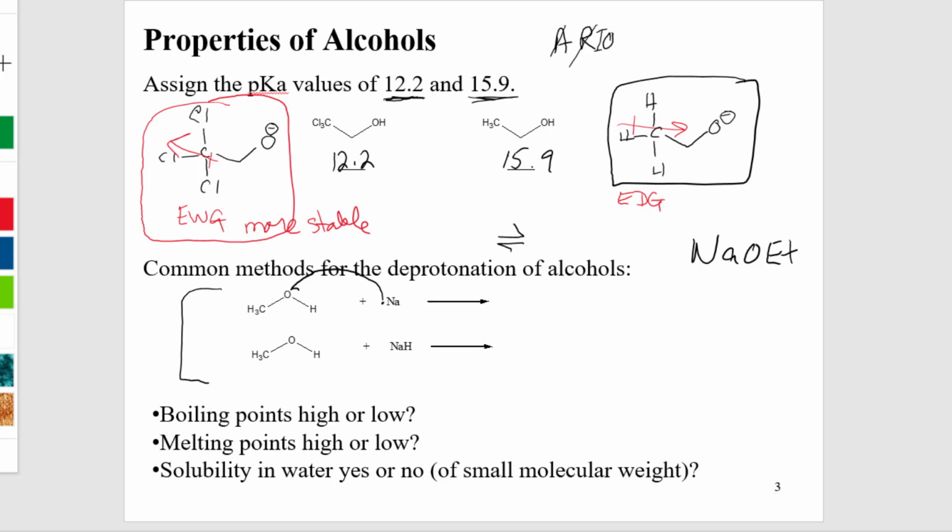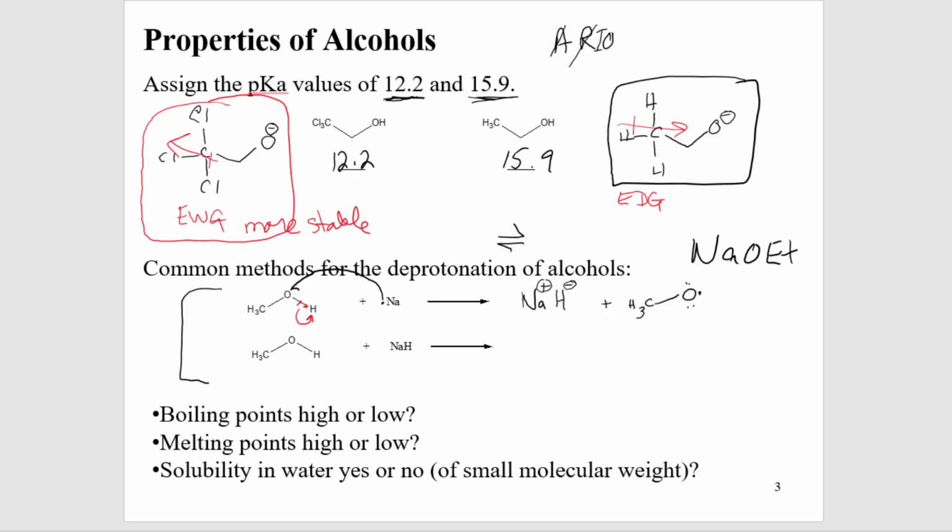The oxygen will then release the hydrogen as an H minus. So what do we end up with? Well, we end up with sodium that gave up the electron, so now it's plus. The hydrogen left with its 2 electrons, so it's H minus. Plus the CH3 with the oxygen, which now has a radical.